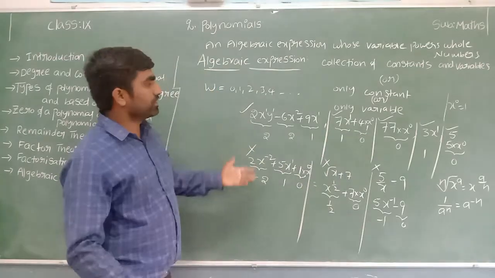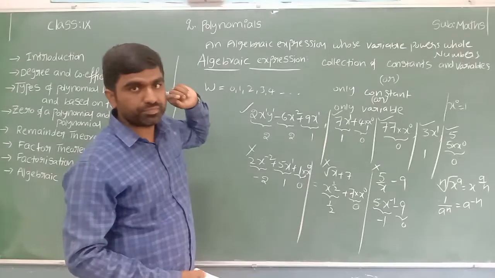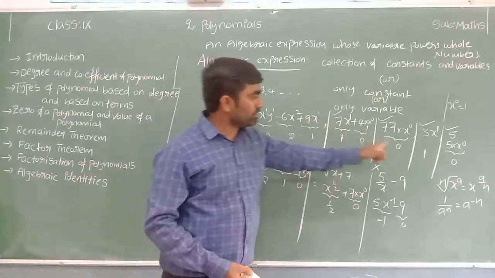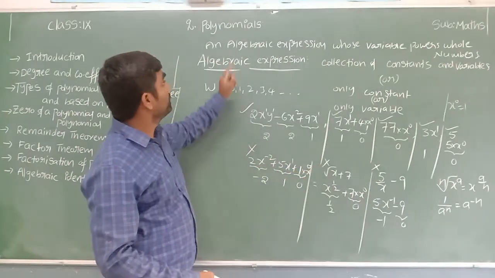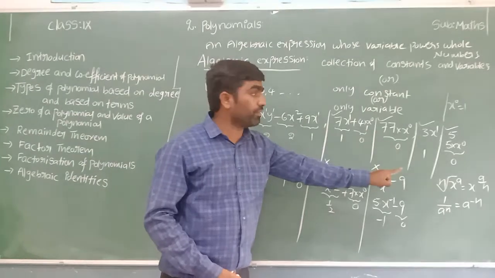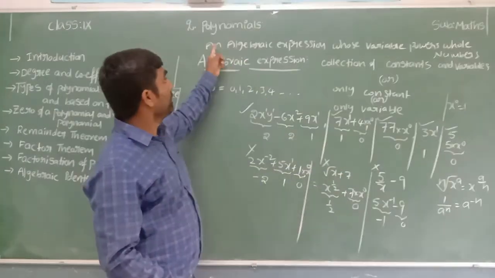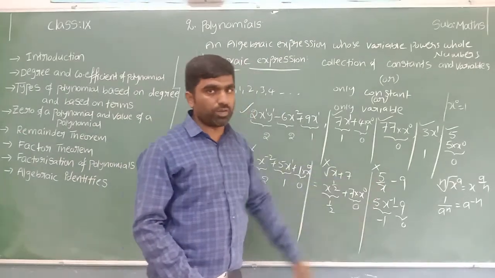Now tell me, is every algebraic expression a polynomial? No. Here we can see algebraic expressions, but not all of them are polynomials. The algebraic expressions whose variable powers are whole numbers are called polynomials. These are algebraic expressions but not polynomials.